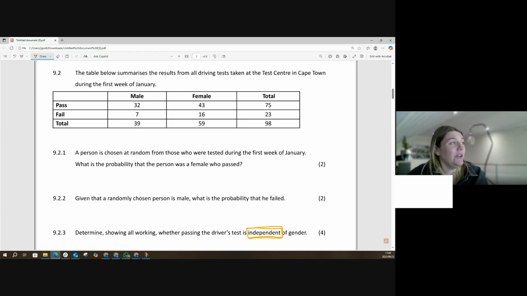So what you're looking at is a table that summarizes the results from all the driving tests taken at the test center in Cape Town during the first week of January. So we've got people who have passed and people who have failed. This is called a contingency table.